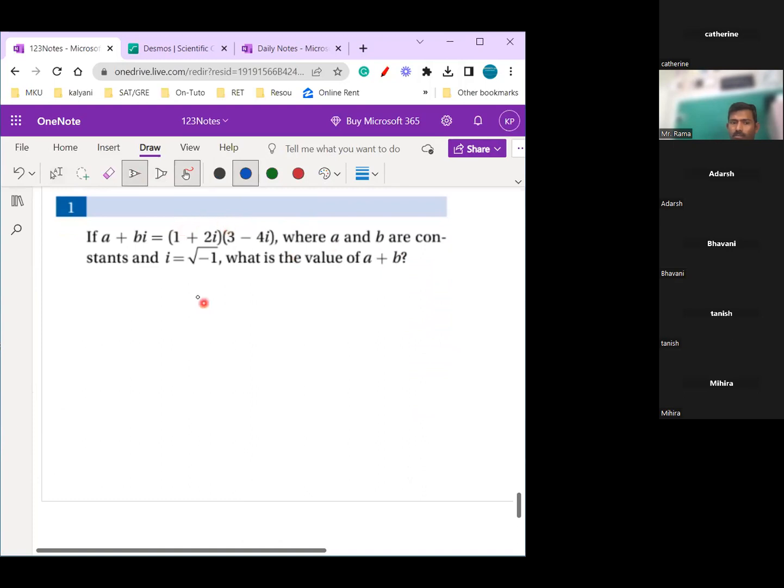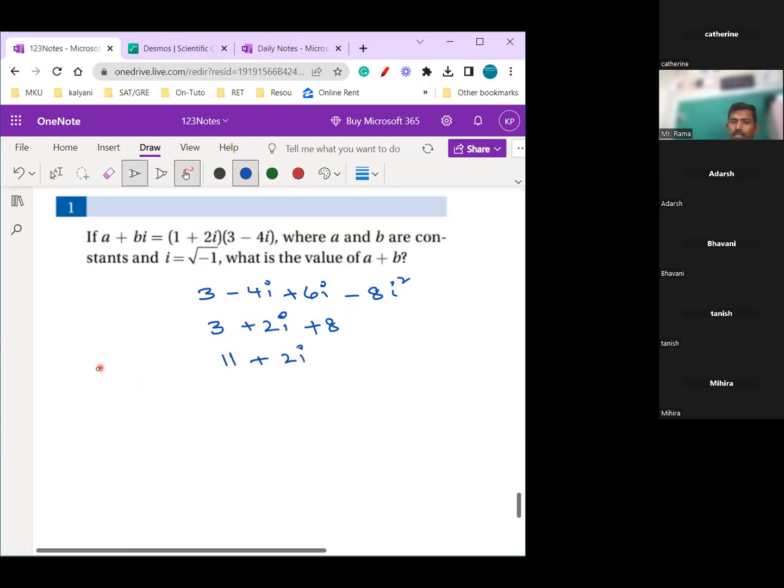That's going to be 1 times 3 is 3, and then 1 times -4i, and then 2i times 3 is 6i. Then multiply these two, that's going to be -8i squared. But again, I'm writing, but you don't need to write these steps. So it's going to be plus 2i plus 8. So that's going to be 11 plus 2i.